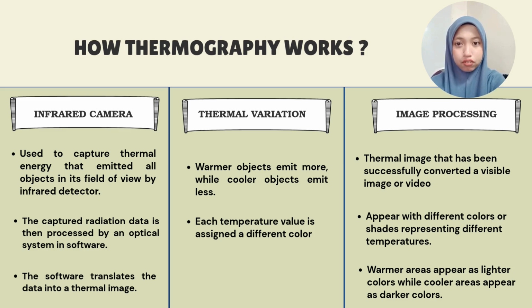Hotter objects give off more heat while cooler ones give off less. Each temperature is given a different color. Then comes image processing. The software turns the heat data into a picture or video that appears in different colors. Hot areas look brighter, such as white or yellow, and cool areas look darker, such as blue or black.